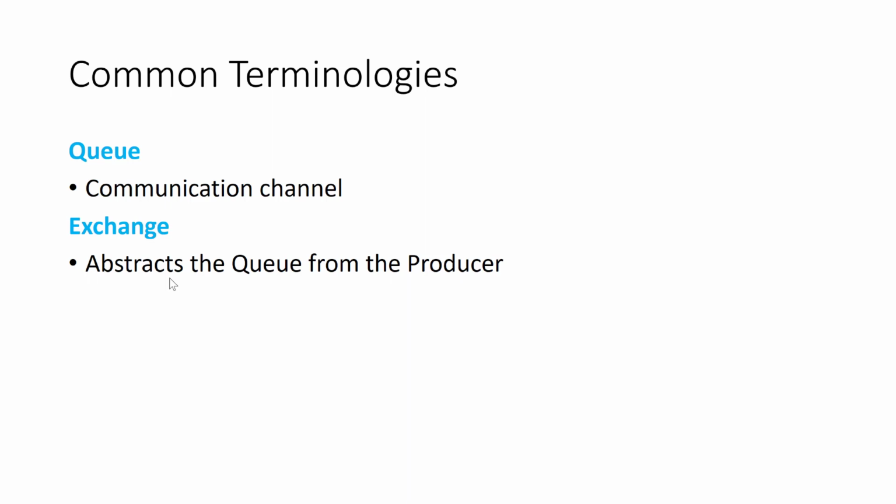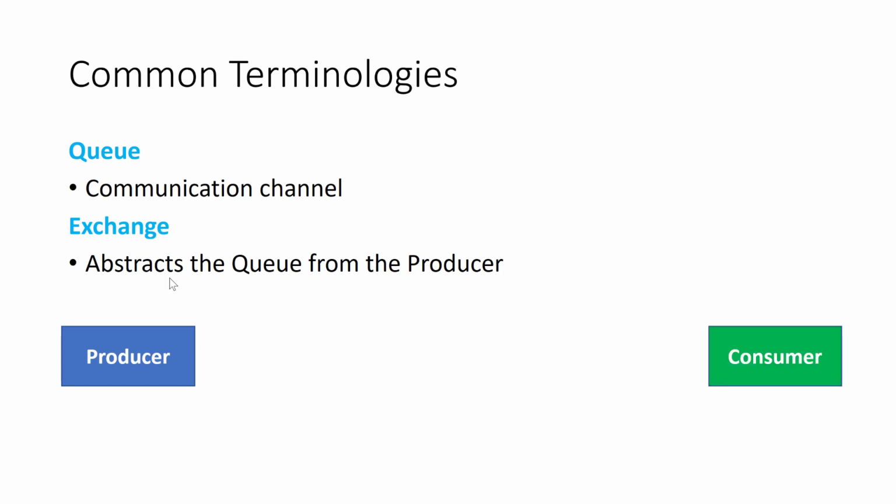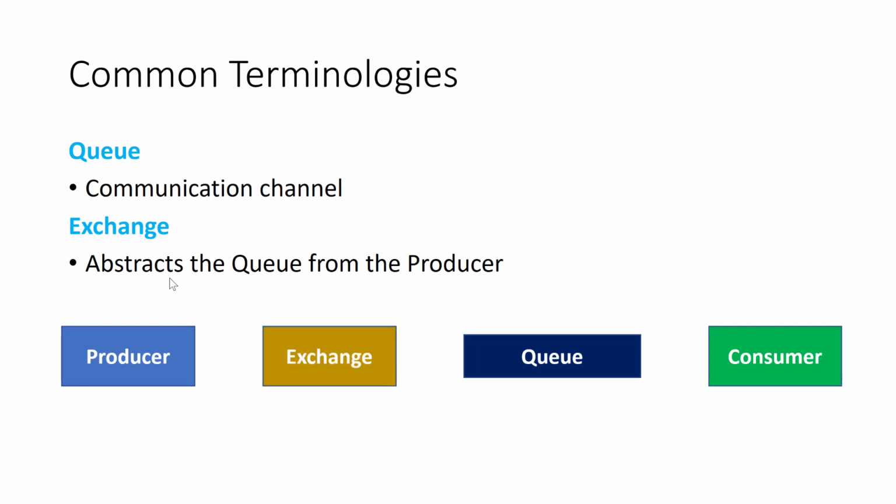This diagram illustrates how all of these things work together. You have the producer who produces messages, and then you have the consumer that actually consumes the message. Now you have the queue that sits in between that allows the message to go from the producer to the consumer. And there is also another entity called the exchange.